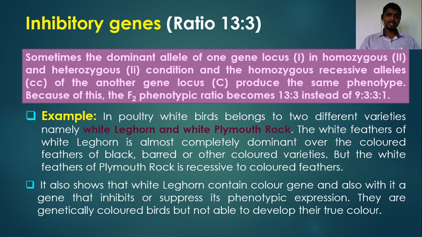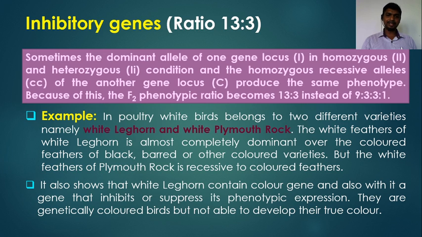It also shows that white leghorn contains the color gene and also, with it, a gene that inhibits or suppresses its phenotypic expression. Genotypically, this white leghorn variety is able to produce the color, but in addition it contains another gene, an inhibitory gene, that inhibits or suppresses the phenotypic expression of the color gene, due to which the phenotype of the white leghorn bird is white.